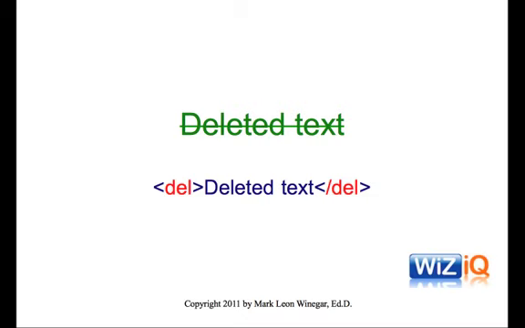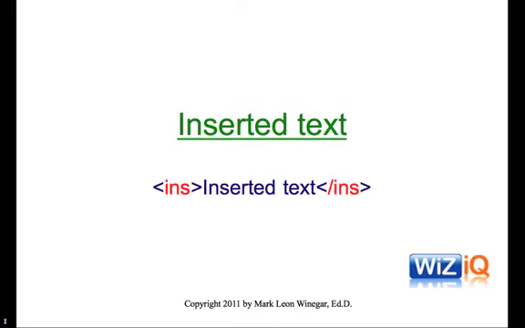And the tag for that is DEL, for delete. We can also show inserted text, and inserted text appears as though it were underlined. And the tag for that is INS.